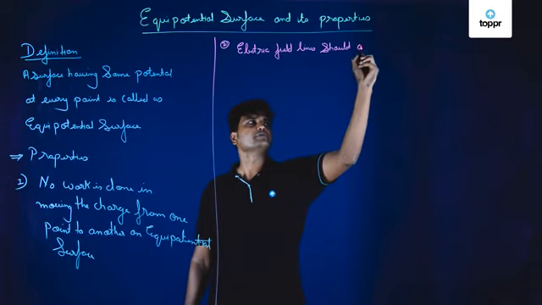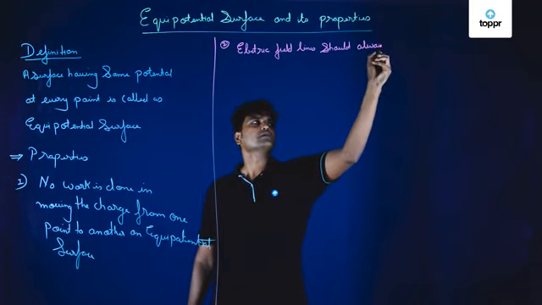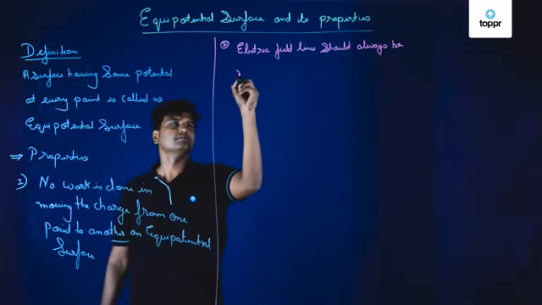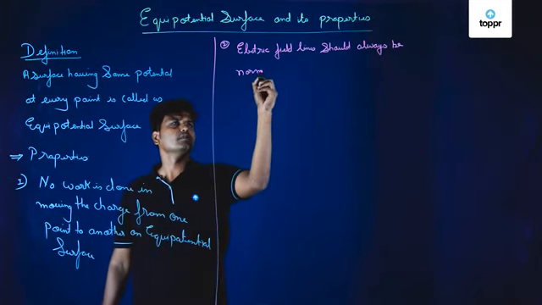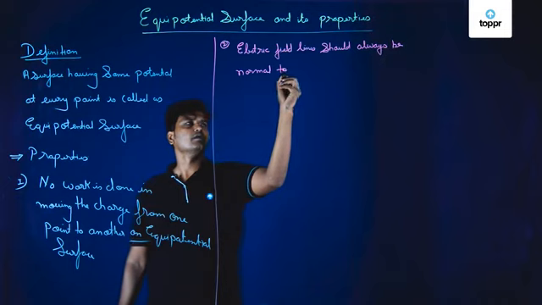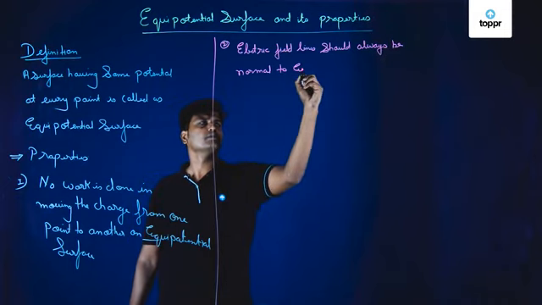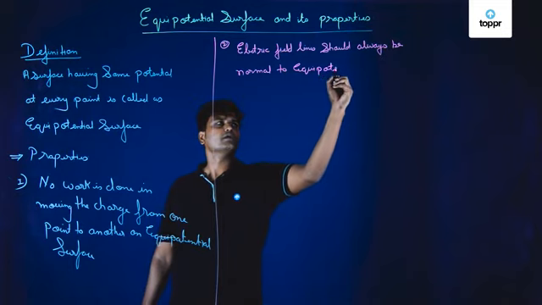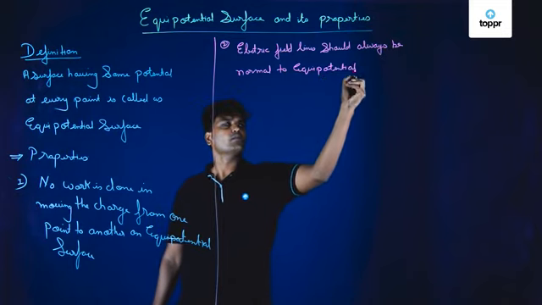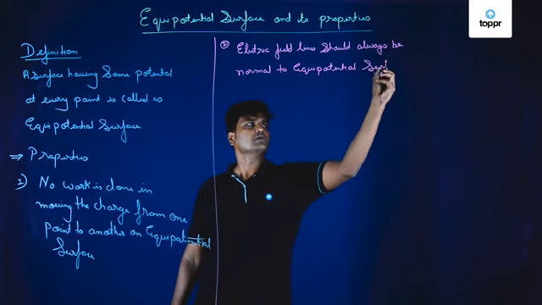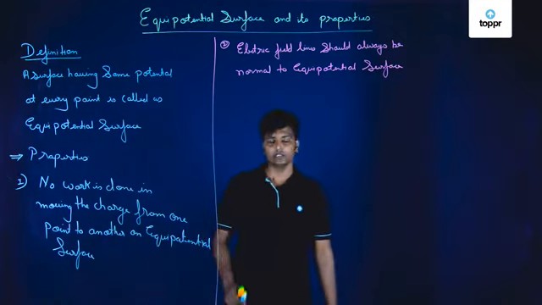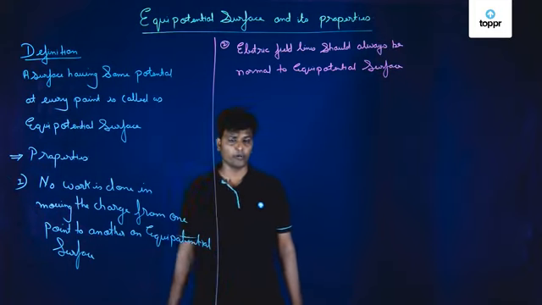Okay, so electric field lines should always be normal to equipotential surface. Okay, this is the second very important property.